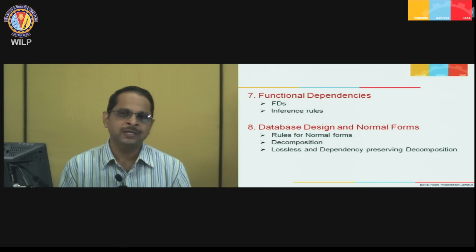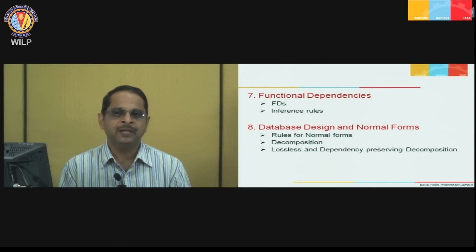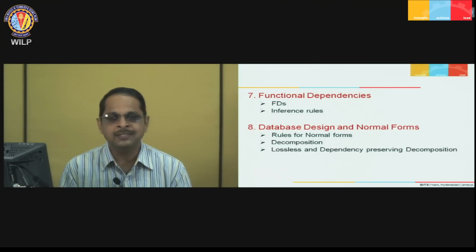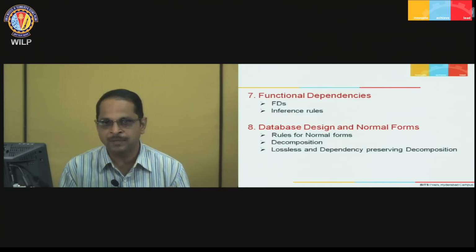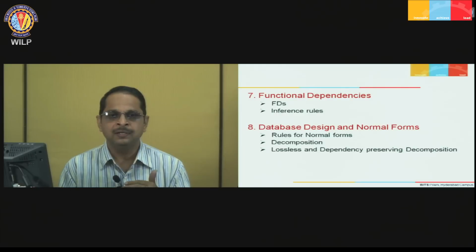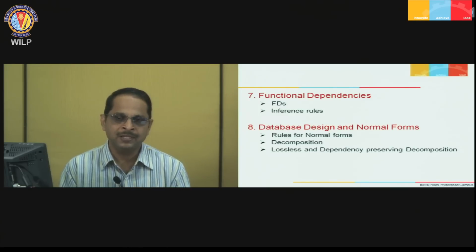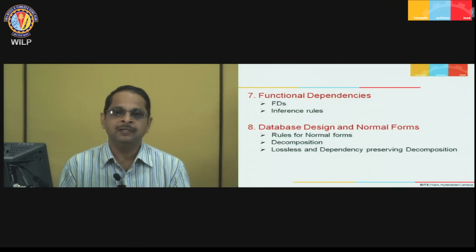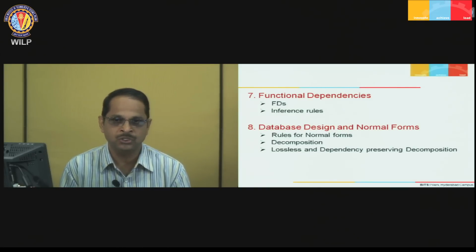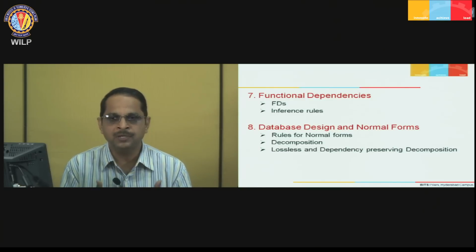Then we talked about the decomposition, which is a very important activity that is taken up at the time of schema refinement. That is, when a given relation is not at a given normal form, if we want to take it to the next level highest normal form, then we will resort to decomposition, wherein we will split the original relation into sub relations.